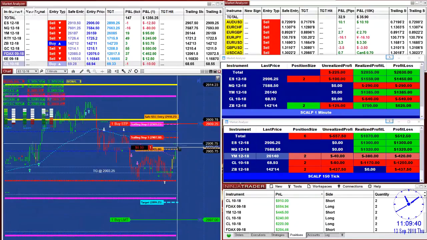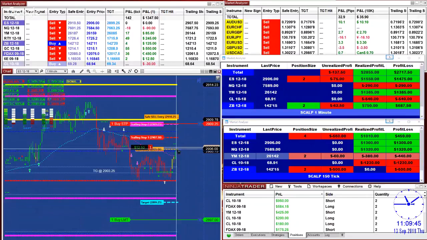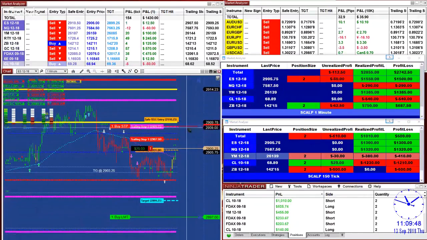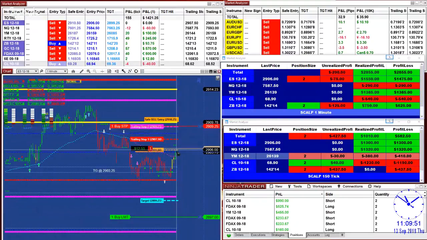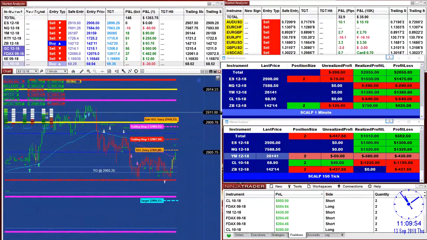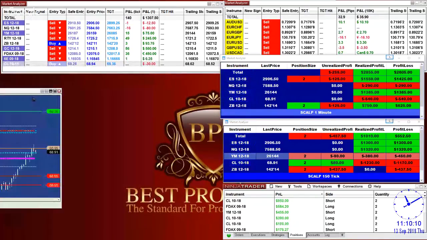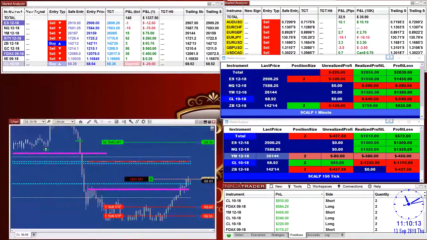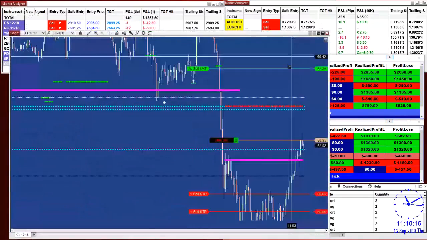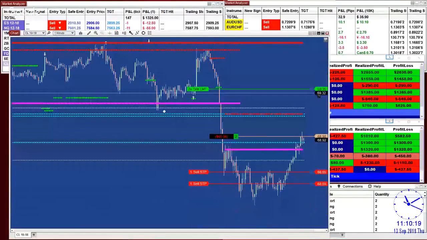I'll be closing this one, and I think we are getting ready to get a new signal. Okay, we just closed it, and we are waiting on a buy signal on the Nasdaq. And now we got the CL, so we're going to move this one away and look at the CL. This is the new signal on the CL.